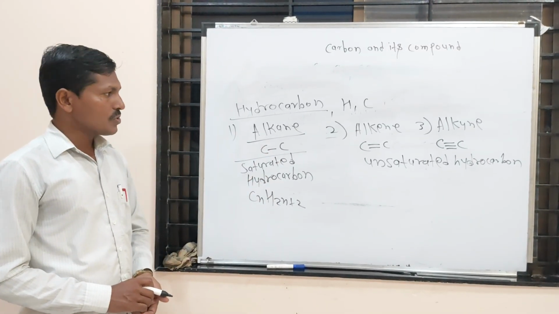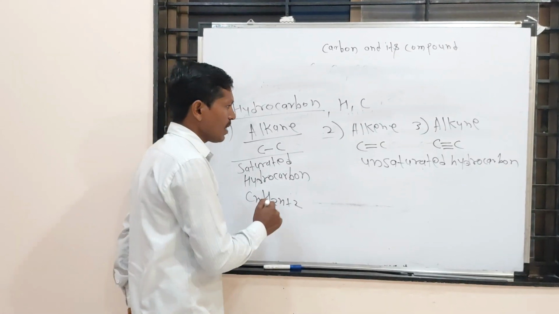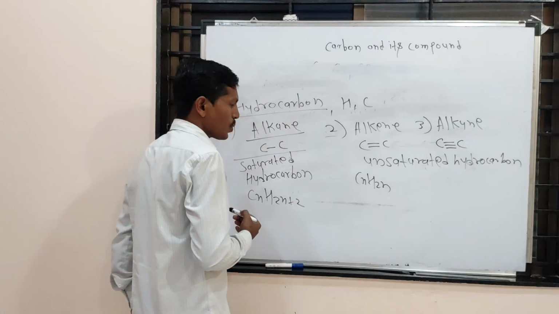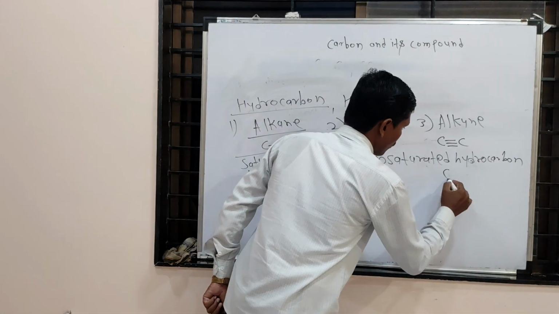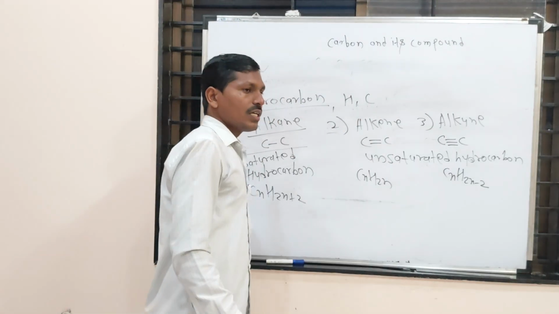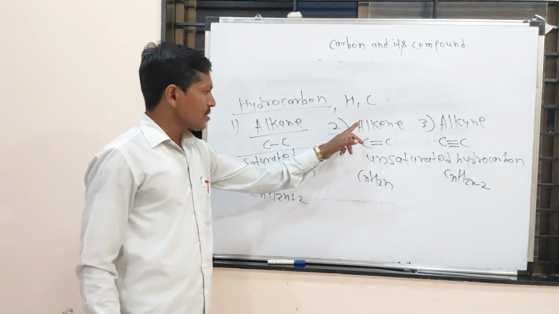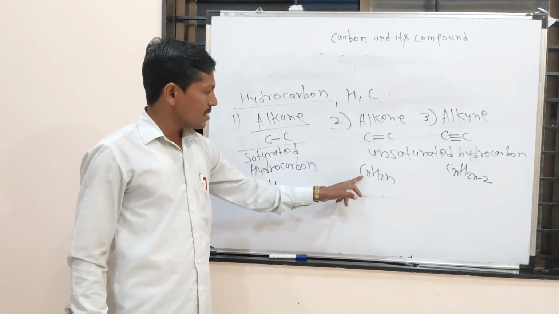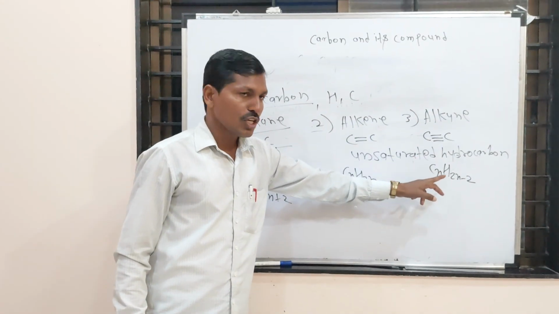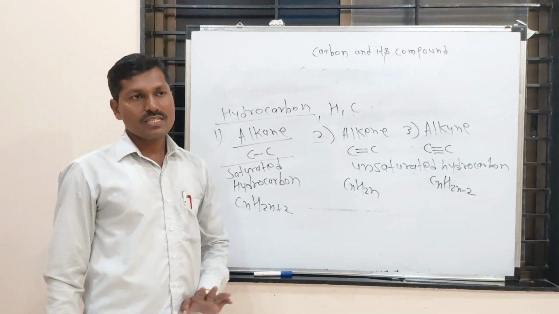Now, the general formula for the alkene is CnH2n, and the general formula for the alkyne is CnH2n-2.